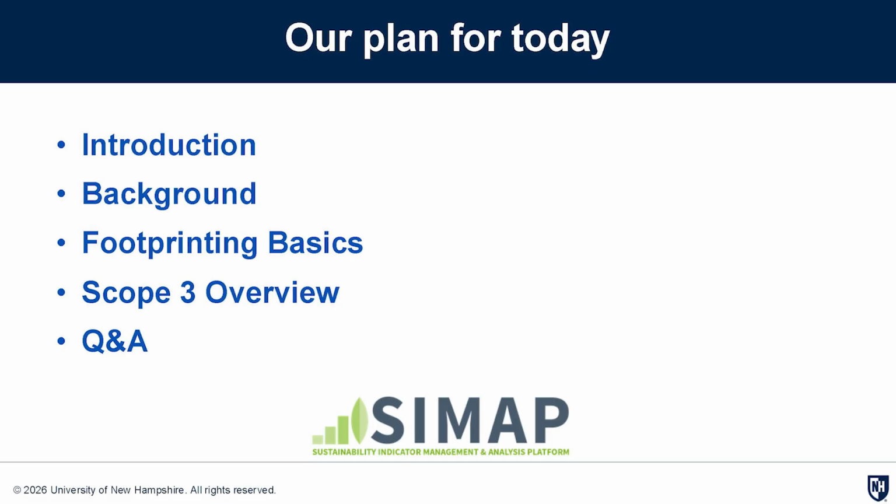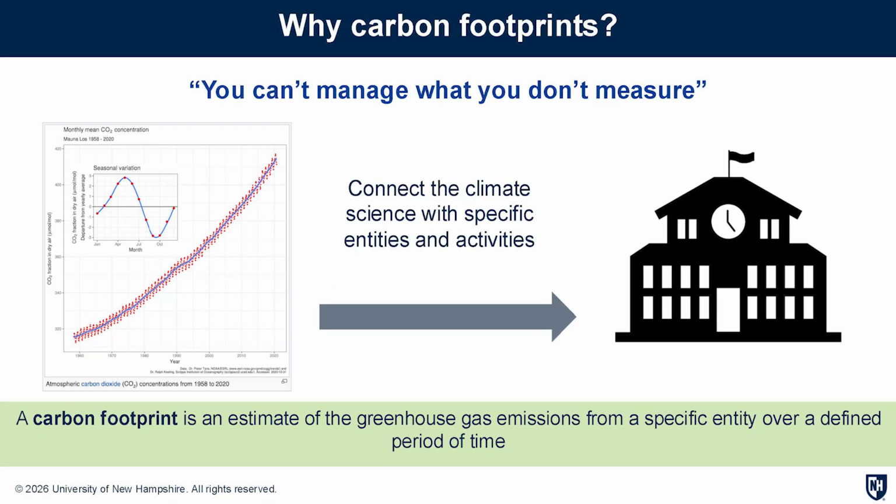So I imagine that I'm preaching to the choir here in terms of why we care about carbon footprints, or what is the big idea? The big idea, summed up in the business maxim that you can't manage what you don't measure, is that we want to connect the dots between human behavior, whether that's individual or in organizations or cities or countries, with the science of climate change.